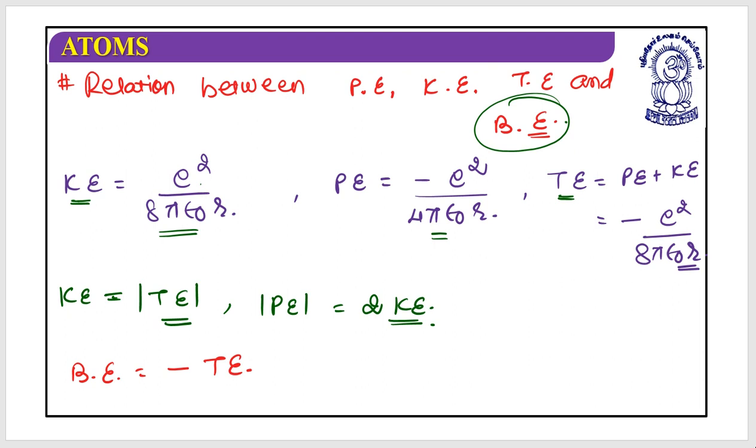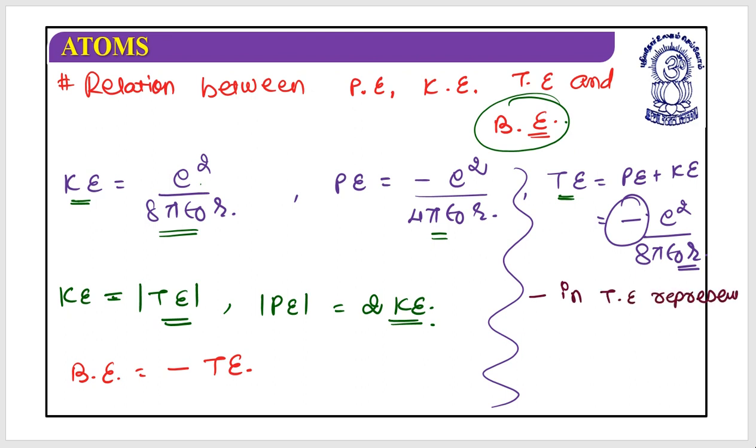One more thing. What does negative total energy represent? Negative total energy represents that the electron is attached with the central body.